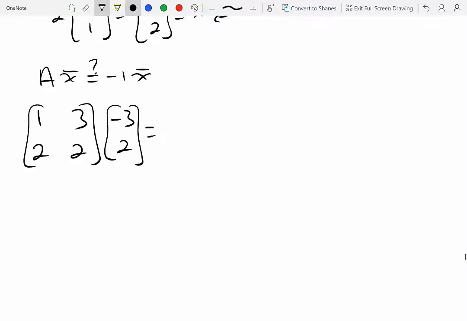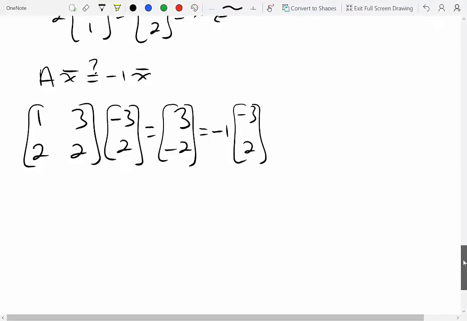That would be 1 times negative 3 plus 3 times 2, which is negative 3 plus 6, so that's 3. And then 2 times negative 3 is negative 6, plus 2 times 2 is 4, so negative 6 plus 4 would be negative 2. And sure enough, that is equal to negative 1 times the original vector, negative 3, 2.